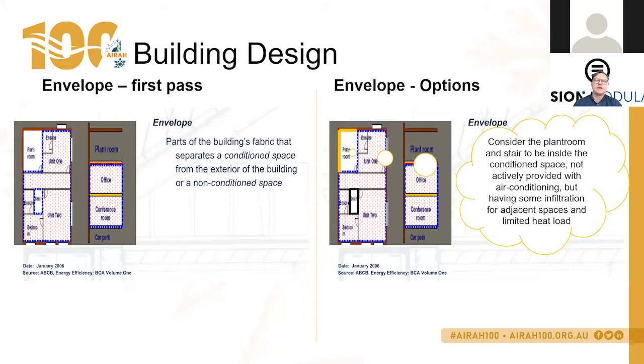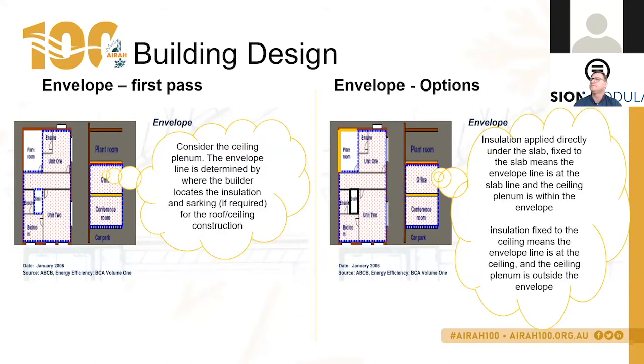So if we have another option or look at another consideration, we may adjust where the envelope line is in regards to the ceiling plenum.